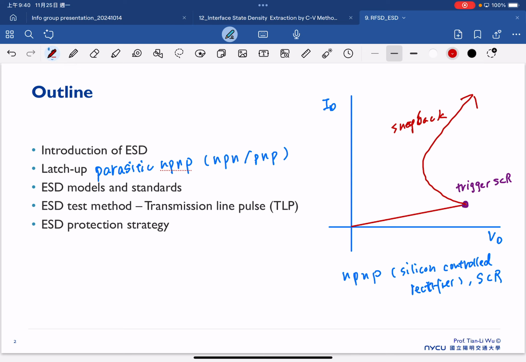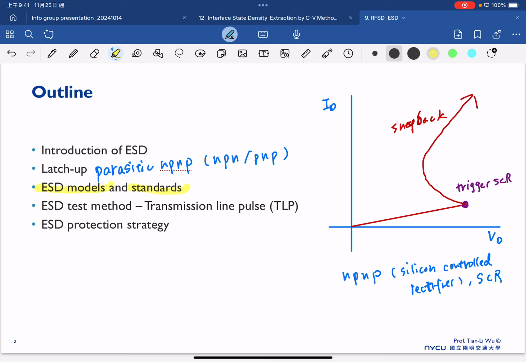Once you send your products to your customer, you need to make sure they reach a certain standard and are immune from ESD reliability problems. So we need standardized ESD models and standards, so that customers can understand the quality of our product.